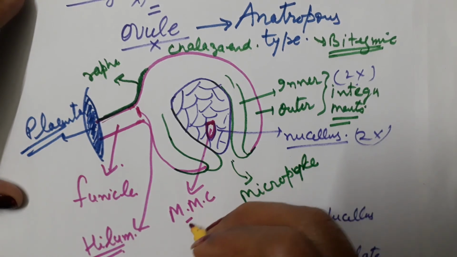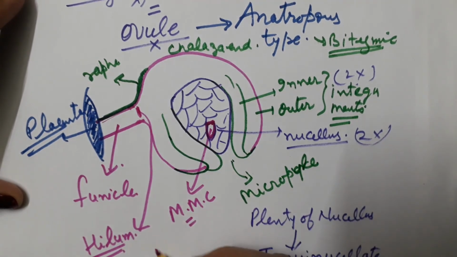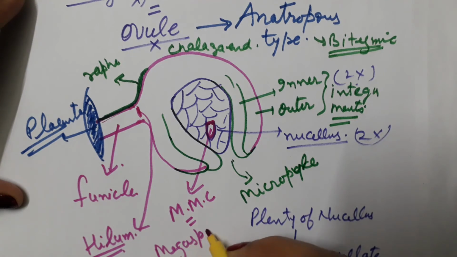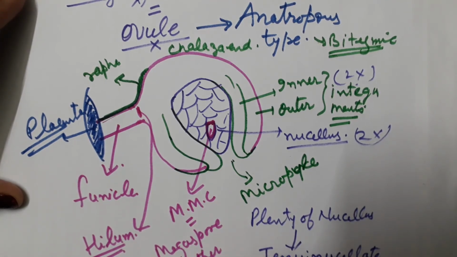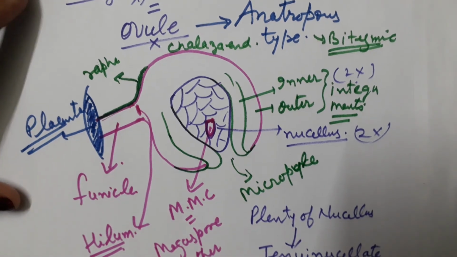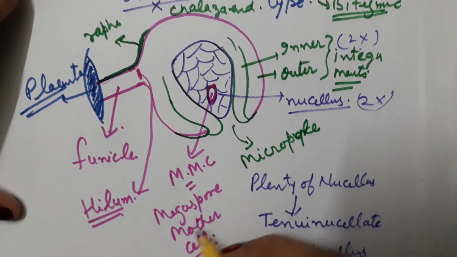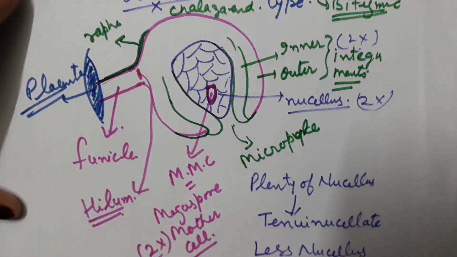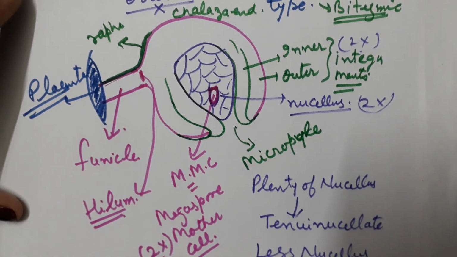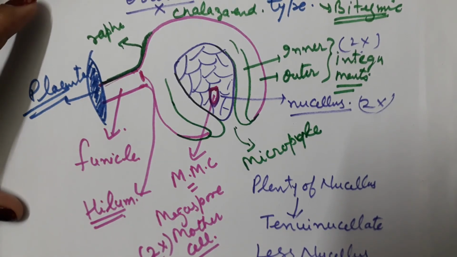What is MMC here? It is the megaspore mother cell. The ploidy level of the megaspore mother cell is also 2x, in which meiosis division takes place and it helps in the formation of megaspores.